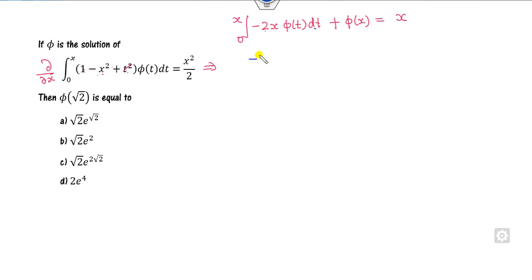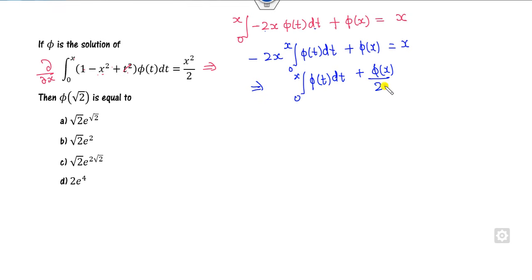Minus 2x will be outside: it is minus 2x times the integral of phi of t dt plus phi of x equals x. Now I can take the integral from 0 to x of phi of t dt plus phi of x by 2x, with a minus, and it is minus 1 by 2. Now you can again differentiate, because I can change this.